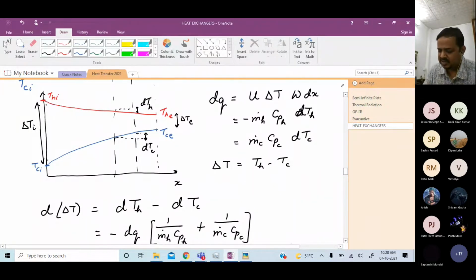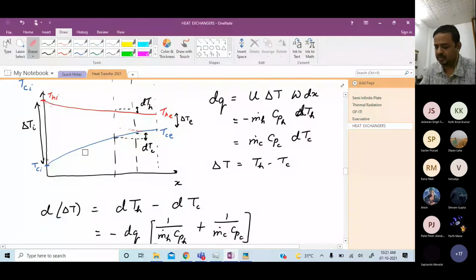It may happen that, let me do it in a dotted line, the hot fluid, maybe the flow rate was low or the CP was low, so therefore the temperature change was high, and after that it cooled down here. So from here onwards, both the temperatures will remain constant because there will be no further heat exchange. But nowhere can the hot fluid cool down below the inlet temperature of the cold fluid.